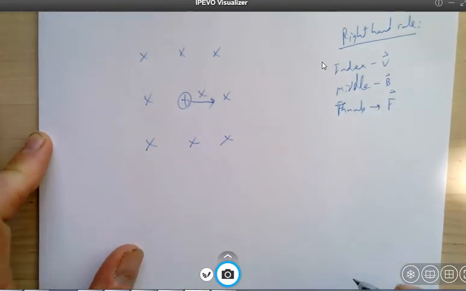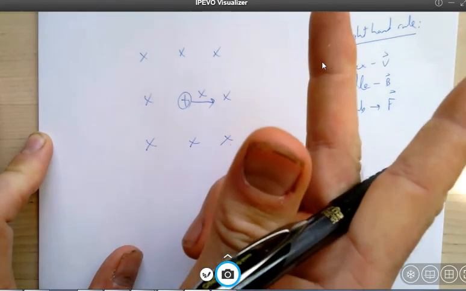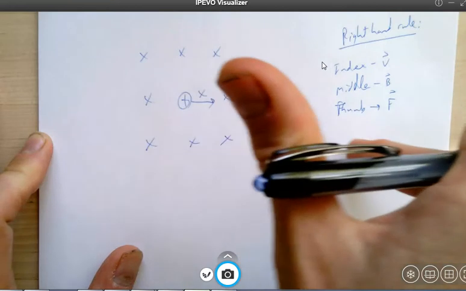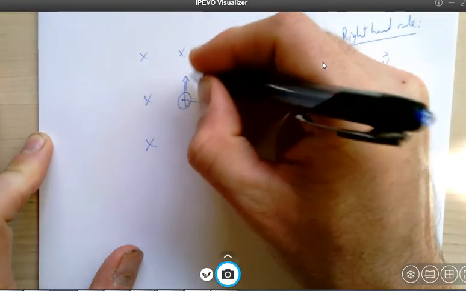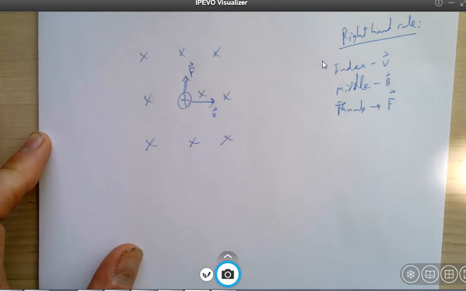So if the index finger is pointed to the right and the middle finger is pointed into the page, then the force in this case will be pointed up. So that's one thing that we learned from last time.